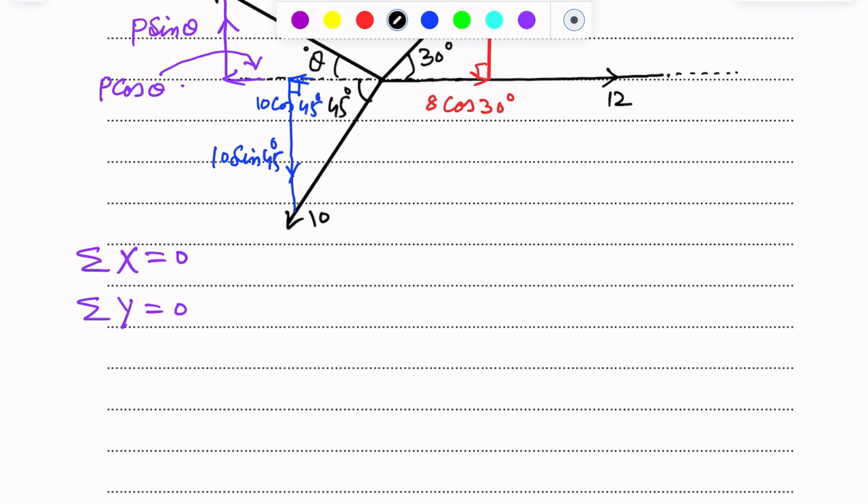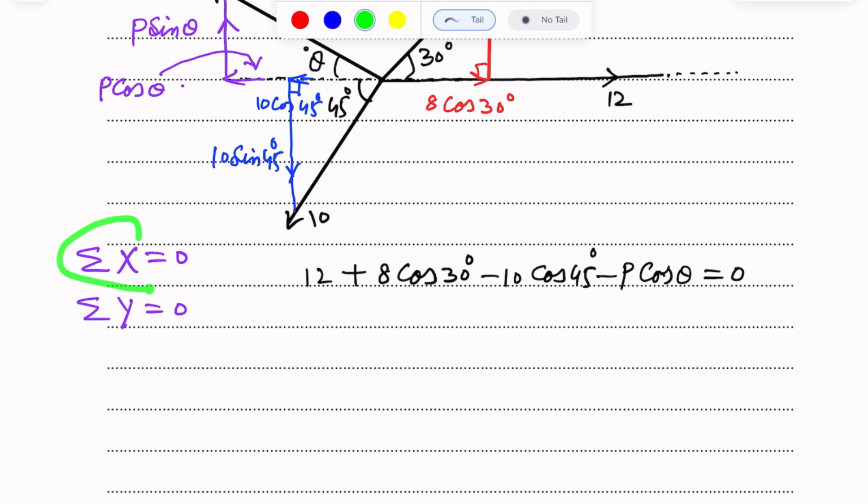So sigma x is equal to 0: 12 plus 8 cos 30 degree minus 10 cos 45 degree minus P cos theta is equal to 0. Sum of horizontal forces is equal to 0.